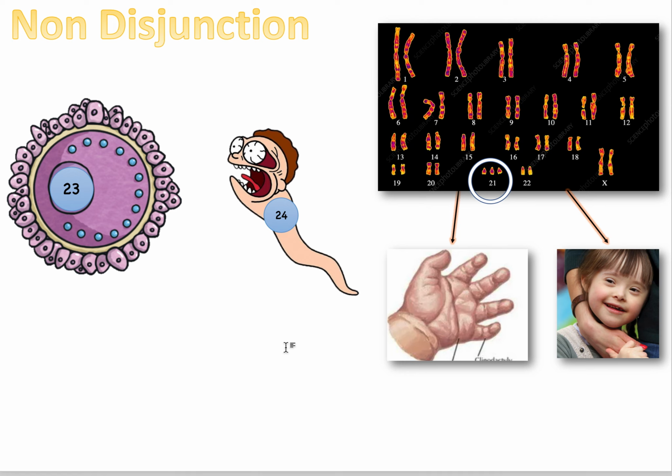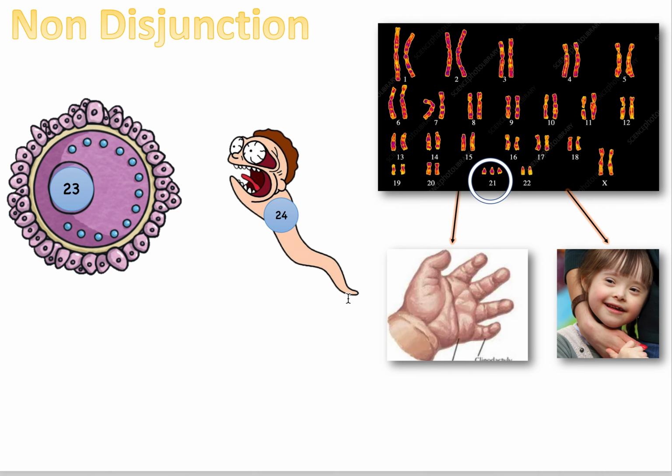So either meiosis 1 or meiosis 2 could be abnormal, and this could produce an egg or a sperm cell that has the incorrect number of chromosomes or an additional chromosome. So let's see how it happens.